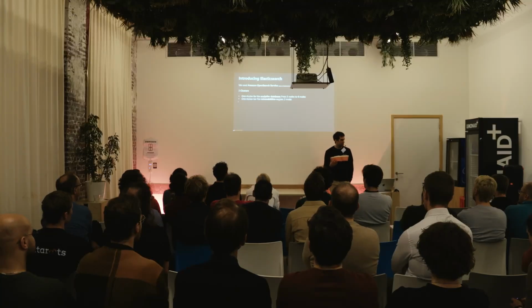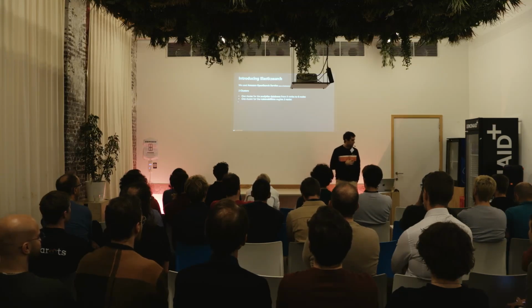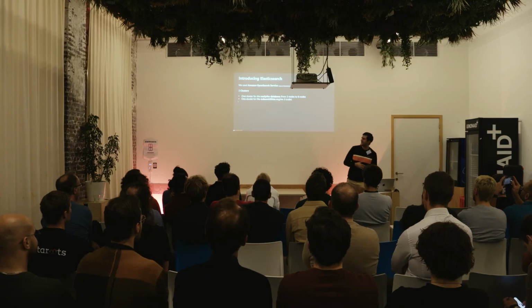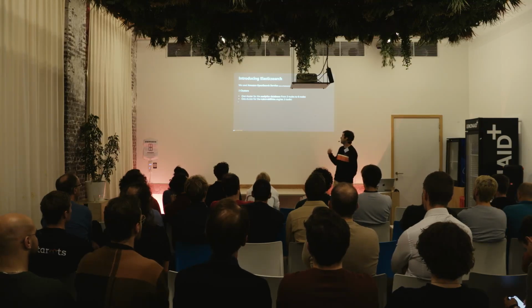So, introducing Elasticsearch, the first thing we implemented. The main reason was that we were very familiar with it. We started with it, really with OpenSearch, not Elasticsearch, which should be the same. We started with 2 clusters: one for the analytics database with 3 nodes that we eventually scaled to 6 nodes, and another cluster for the vulnerabilities engine, because vulnerabilities are not detected on-prem.